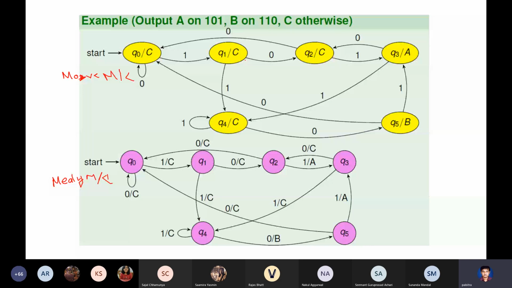So what you do is, if this is the output for a particular state, in all the edges leading to that state, you copy C. So C comes here, that's the only edge, and this C gets copied here.